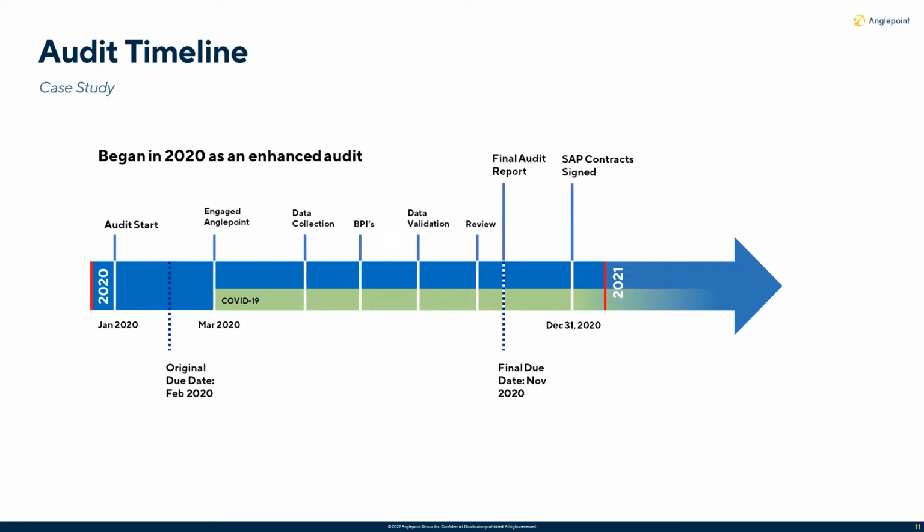And of course, once you start looking at the data requests that we'll go over, you'll appreciate that that is somewhat absurd. There's no way to collect all this data, review it, and send it to SAP within a 1 month time period. So again, that audit started in early 2020. They engaged us, they engaged Anglepoint in March, and thereafter COVID hit.